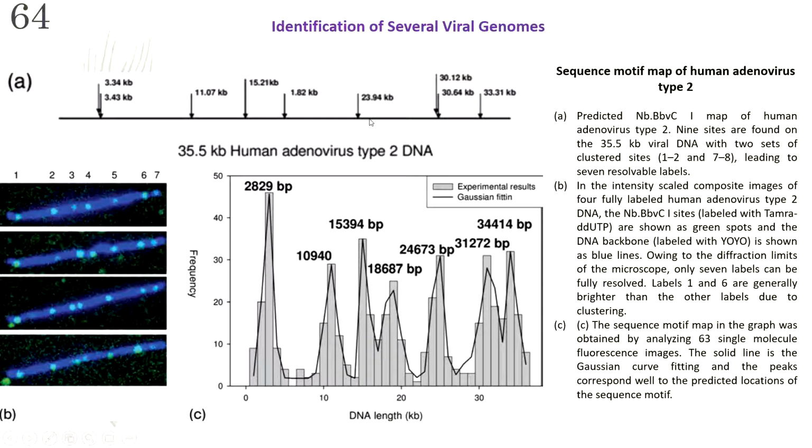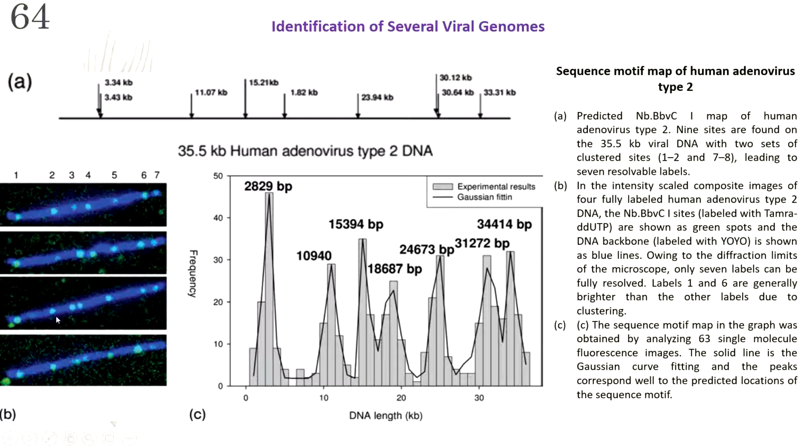This genome contains 9 BbvCI sites. Of these 9, 7 are resolvable, because you see 1, 2, 3, 4, 5, 6, 7. The rest, sites 5 and 6, are so close together that you cannot identify those two as separate sites.